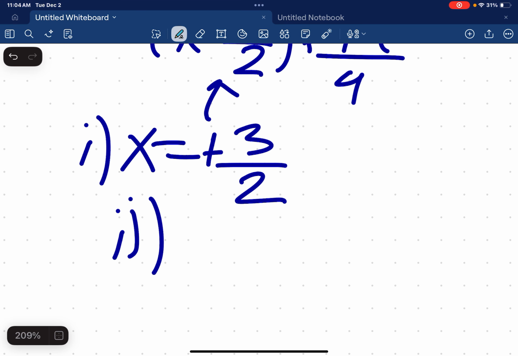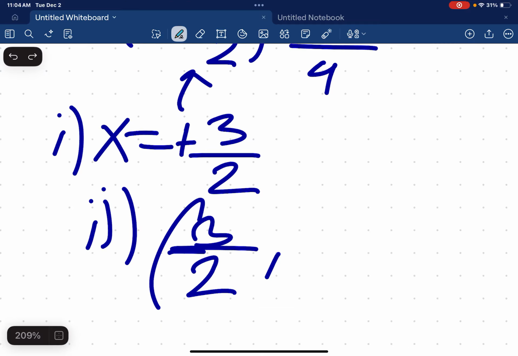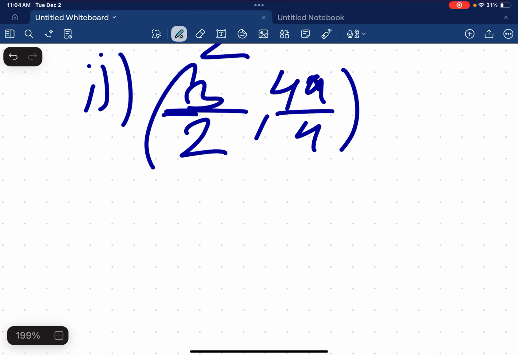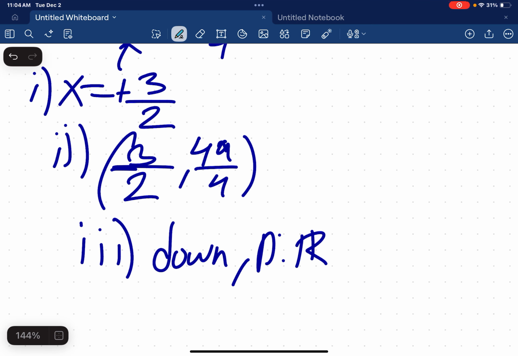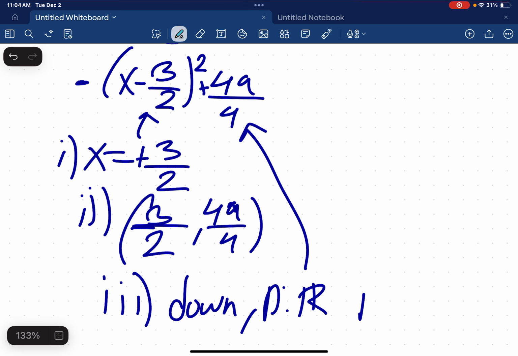Our vertex is going to be the x value of our axis of symmetry, well, the equation, and our k value out here, 49 divided by 4. Okay, and let's start with our concavity. Since it is a negative function, where it's a negative x squared, that means it's going to be a down concavity. Domain is going to be equal to all real numbers. And our range, as we said, is just going to be our leftover here.